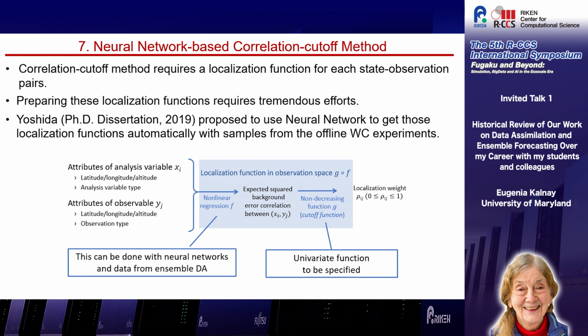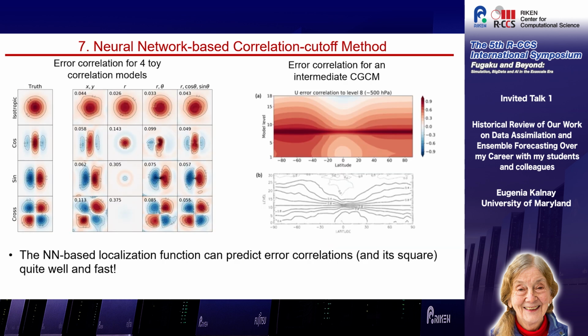The correlation cutoff method requires us to obtain the localization function for each model state observation pair. My student Takuma Yoshida developed the neural network approach to obtain those functions relatively easily. We first tested the neural network approach on low-order models, and they worked very effectively.